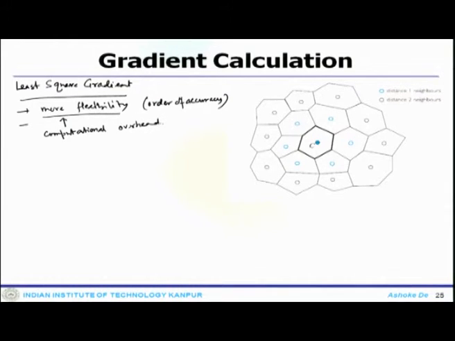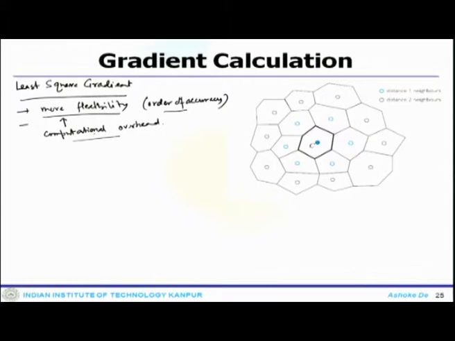Once it offers you better flexibility or slightly better accuracy, it also comes with some sort of a computational overhead. So it is not that straightforward that you can get everything together on your plate.